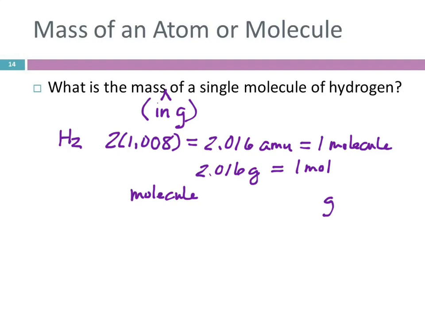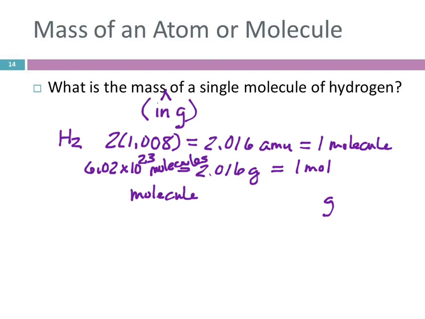Do we know a relationship between number of molecules and grams? Yes. What is it? Well, we know that 1 mole is this many grams. How many molecules is 1 mole? 6.02 times 10 to the 23rd. One of these days, I am going to make up my own abbreviation for molecules.